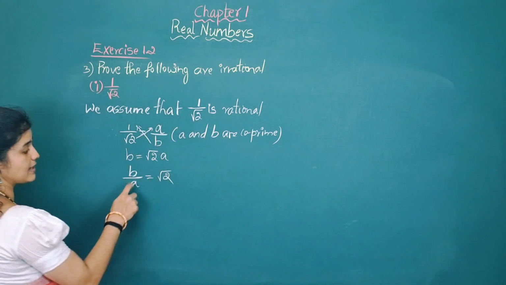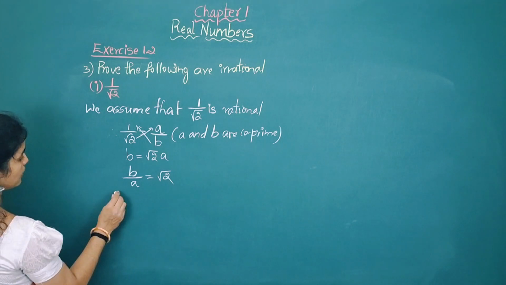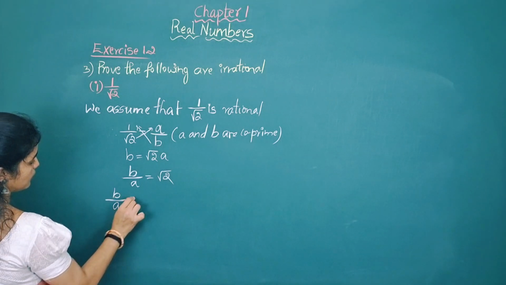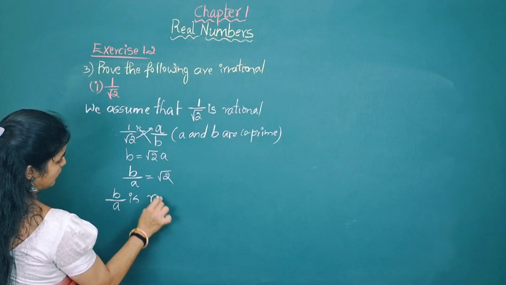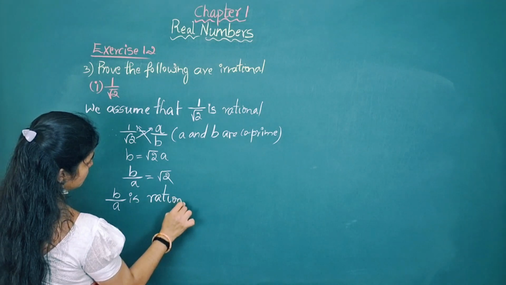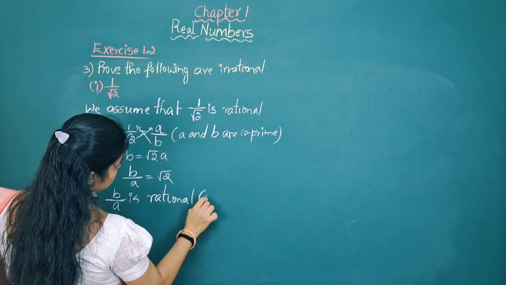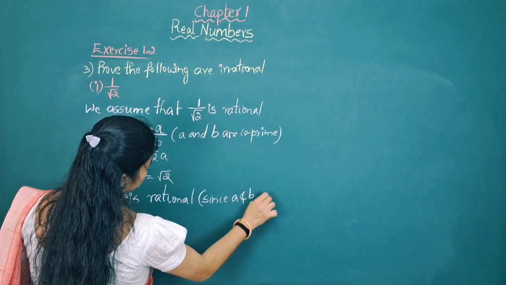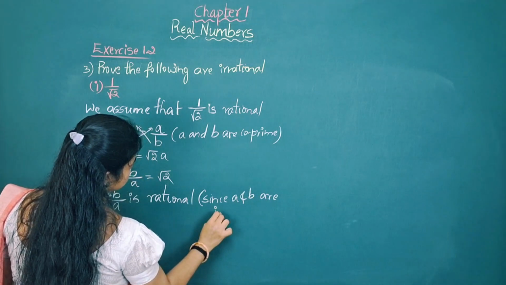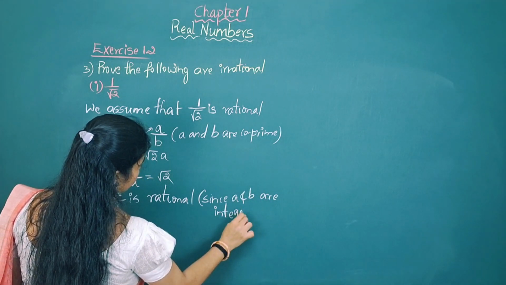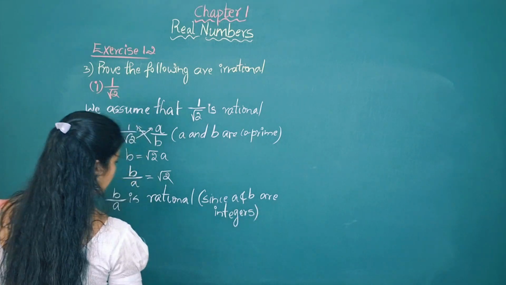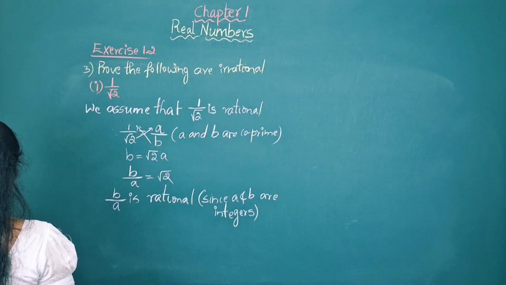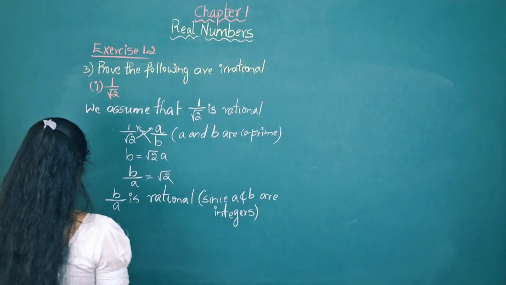Now you know, since a and b are integers, b by a is rational.